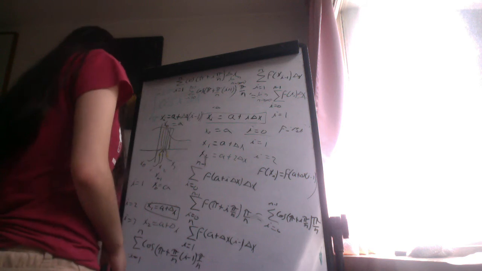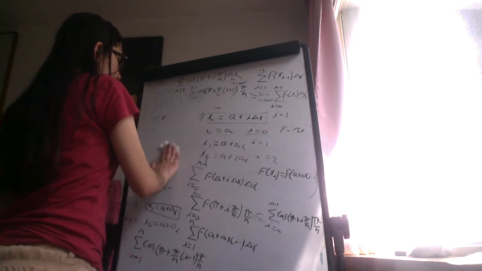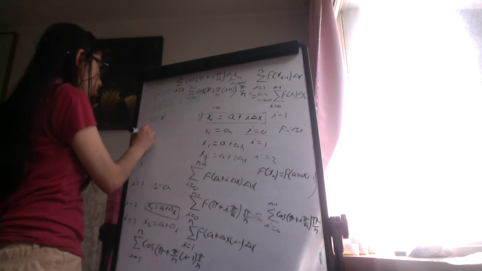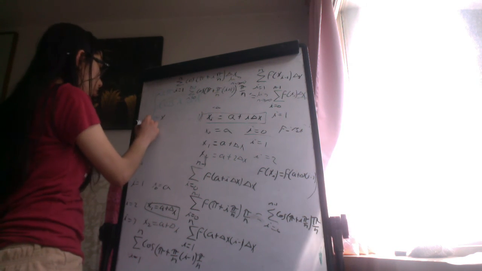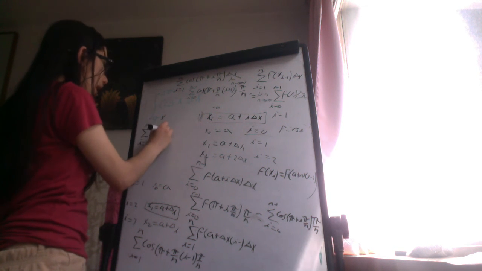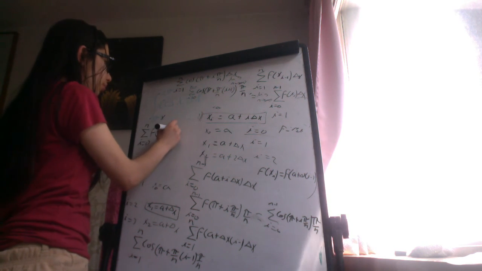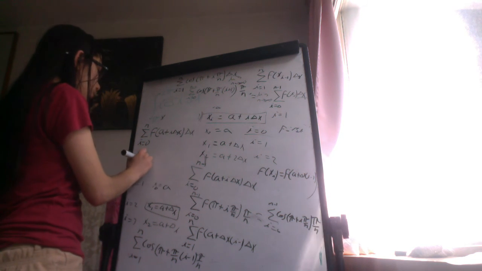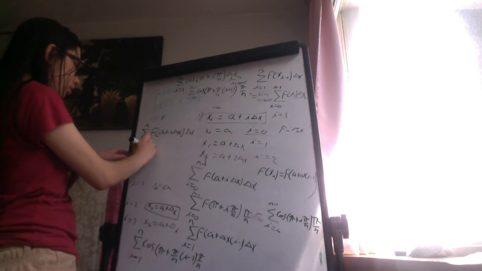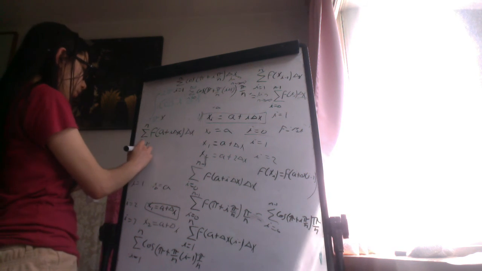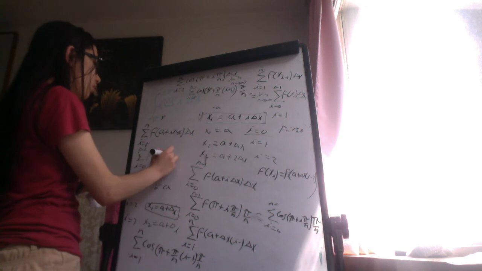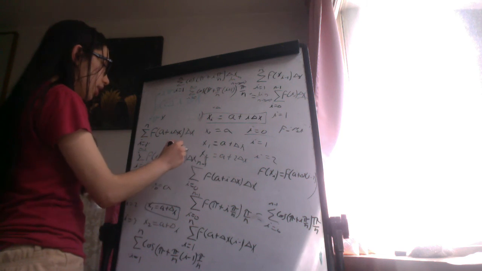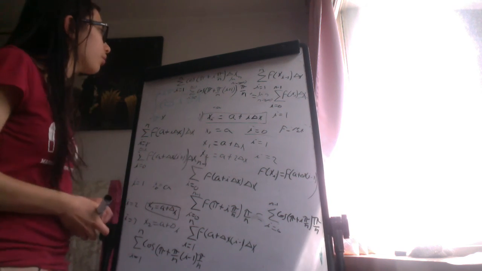For the right Riemann summation, remember that we have the summation from i equals 0 to n of f of a plus i delta x times delta x, or the summation from i equals 0 to n minus 1 of f of a plus delta x times i plus 1, times delta x. So now you can compare them.